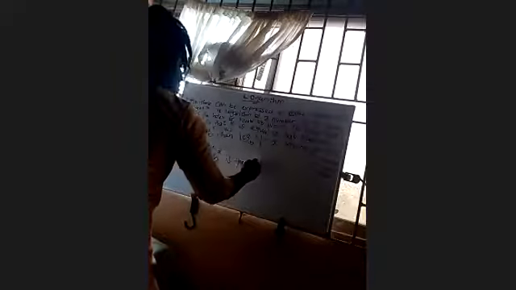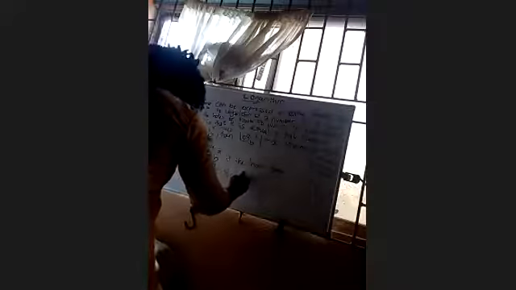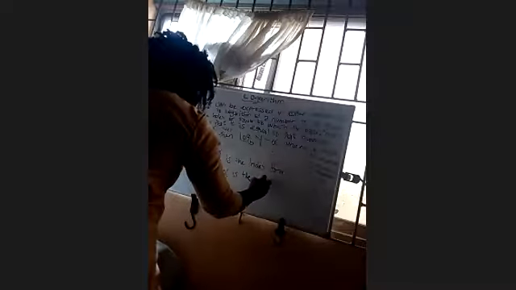The form n is equal to b raised to power x is the index form of writing this expression, while the form log n base b is equal to x is the logarithmic form.